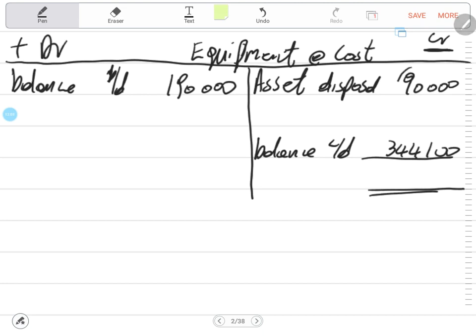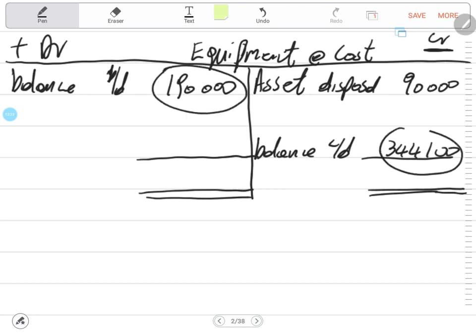So if we sell an item of equipment, it must decrease on the decreasing side of this account. Once again, we do not record depreciation in this ledger account if the information provided regarding the asset is at cost price.